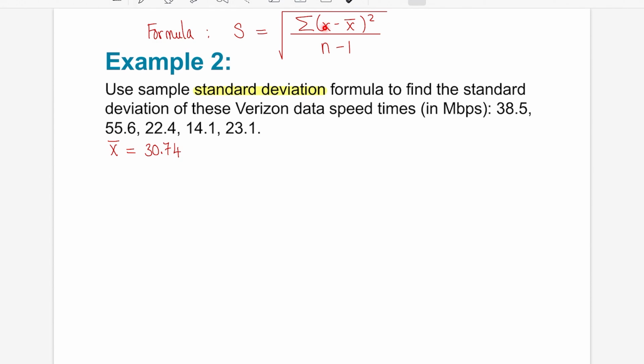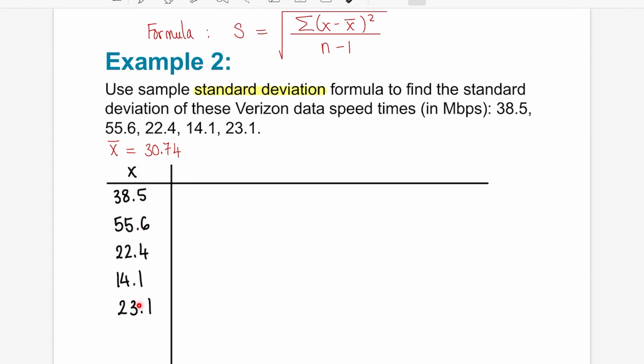I take (x minus x bar) squared over n minus 1, and then I take the square root. So the first step is we take x minus x bar. What is x? x are the values in the data set. So x can be 38.5, 55.6, 22.4, 14.1, 23.1. In order to organize all of this, I am going to put it into a table.